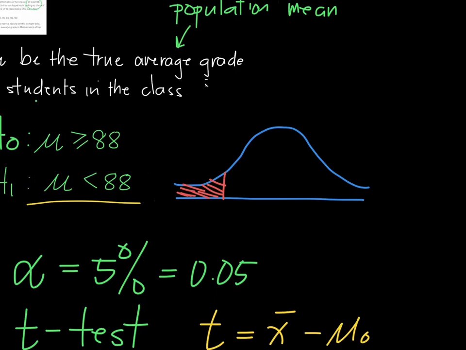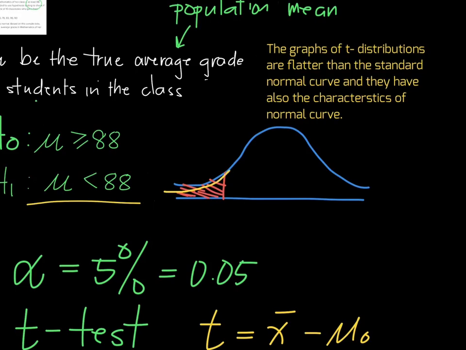Now just one observation that I want you to have is that the graph for the t-distribution looks like the graph for the standard normal curve. So how are t-distributions different from the standard normal distribution? The difference is in the height of the graph. The yellow graph is a standard normal distribution.